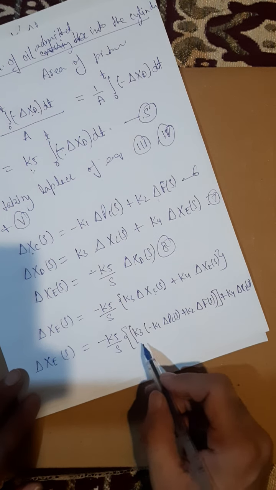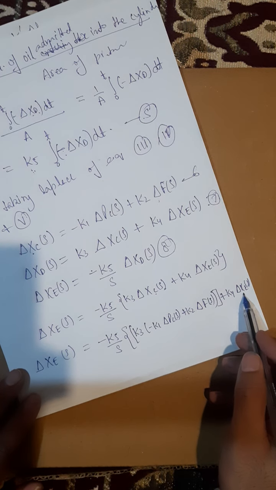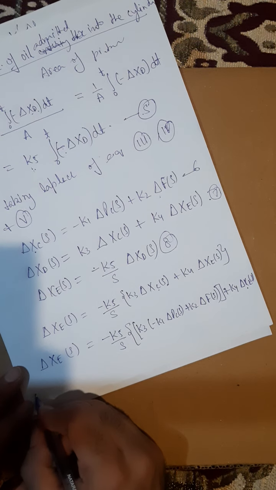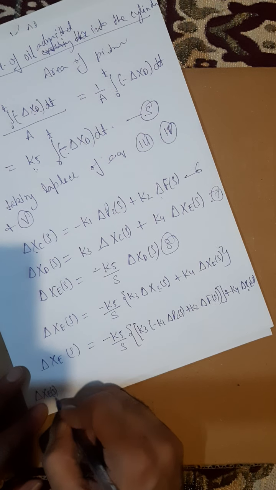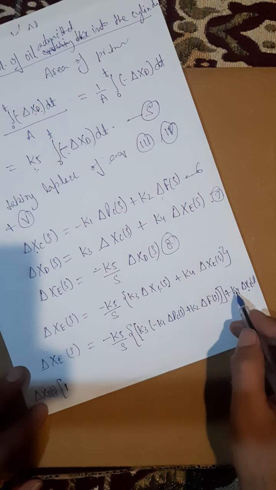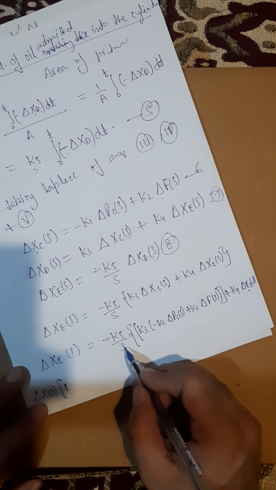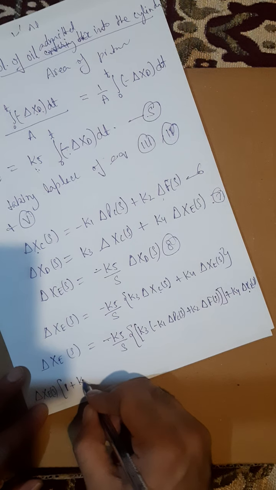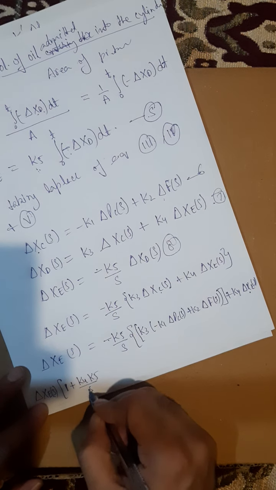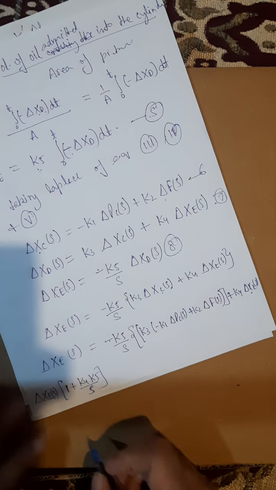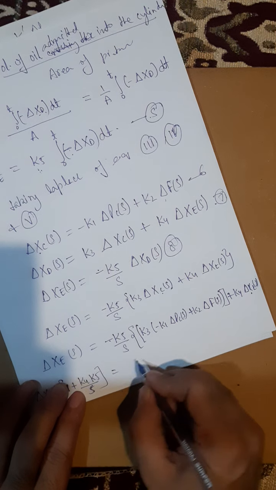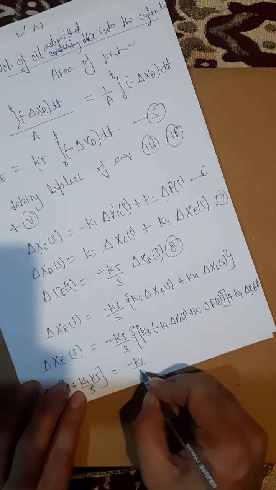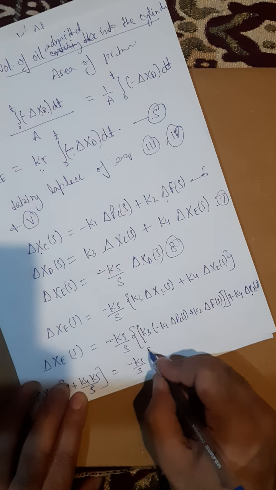If I take the XES term from here to this side, what will I get? I will take delta XES outside. So this is 1, and this is minus K4 K5 by S, it will be plus K4 K5 by S, into delta XES, which I have taken outside, is equal to minus K5 by S. What is left inside?